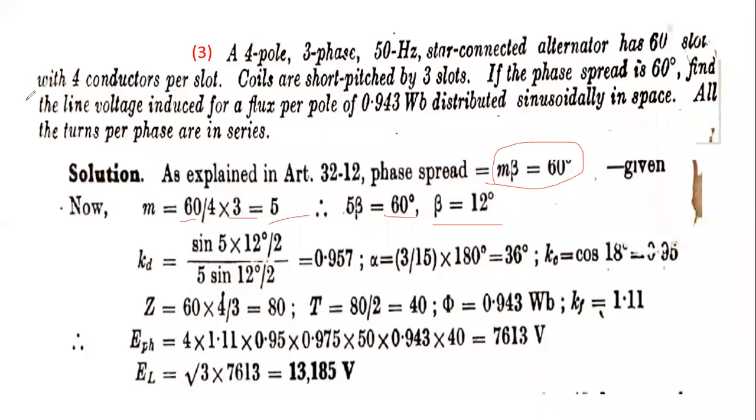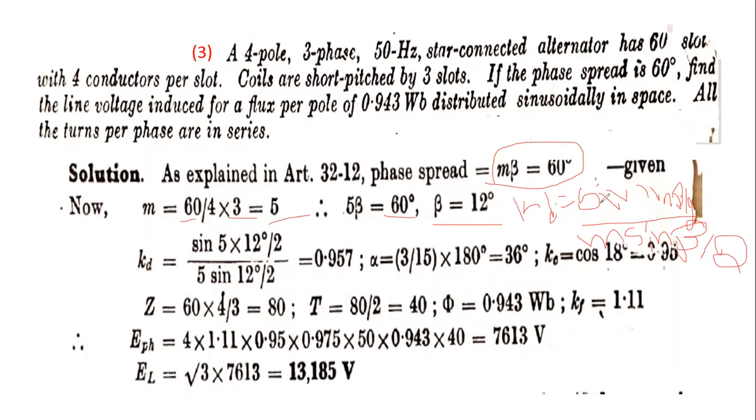Next, we calculate the KD. What is the formula for KD? That is the distribution factor. KD is equal to sin(m beta by 2) by m sin(beta by 2).